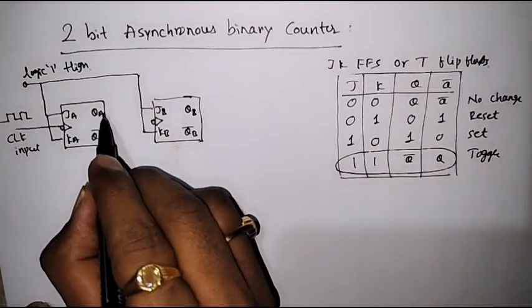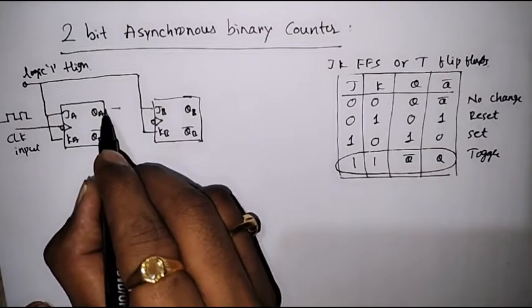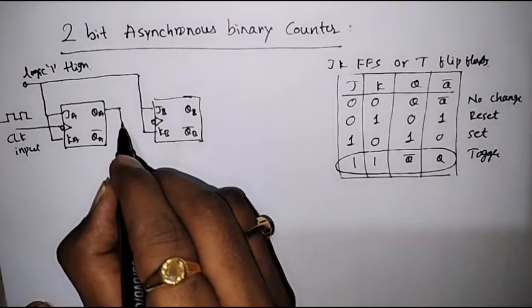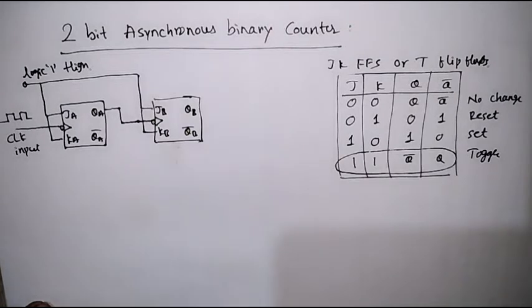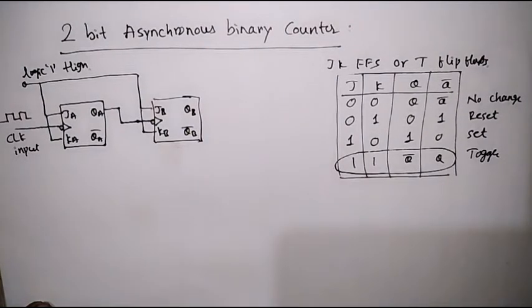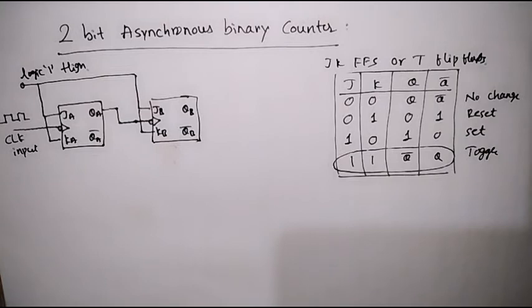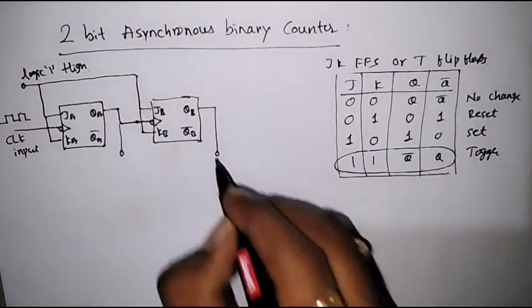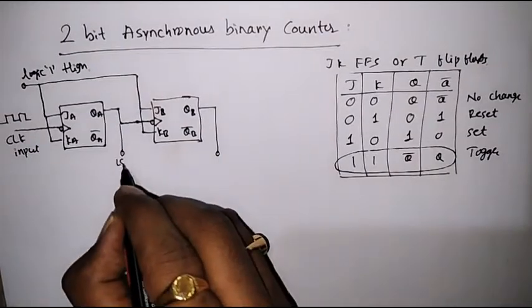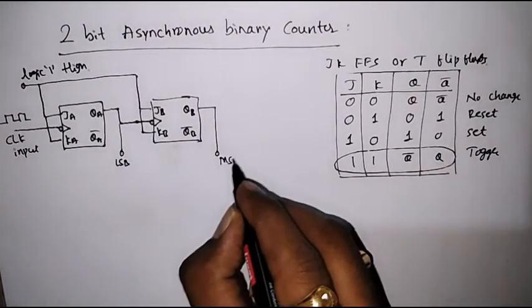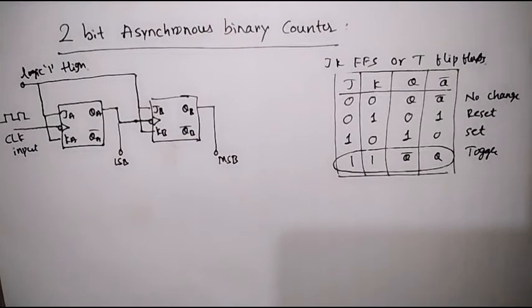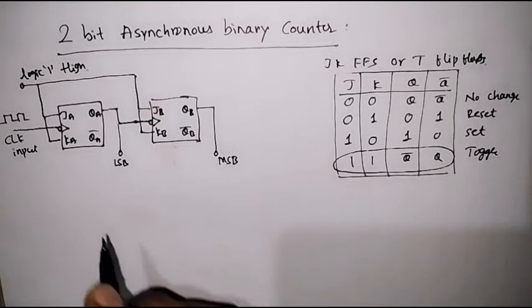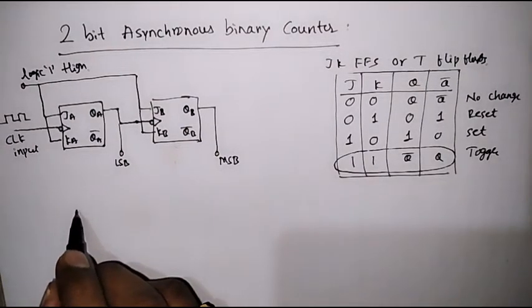The output of the first flip-flop, that is QA, acts as input to the next clock input. Let QA be the output and QB be the output. QA is LSB and we'll assume QB is MSB. Now let's see how it counts the clock pulses. Let's draw the clocks.